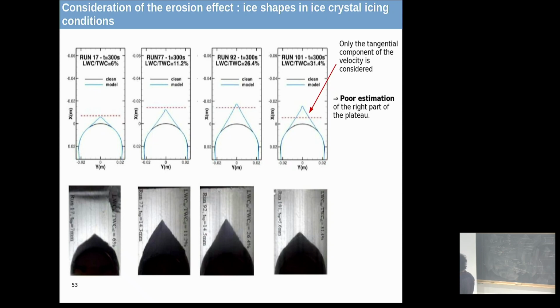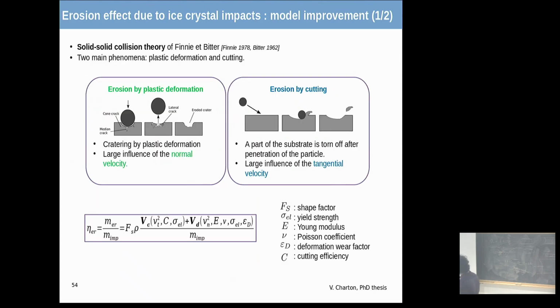That's why we proposed an evolution of this erosion model based on the Finnie and Bitter theory, where once again they keep the tangential part of the velocity and the erosion by cutting, where a part of the substrate is removed after penetration of the particle, and it's due to tangential velocity, but they add an erosion by plastic deformation, which is mainly influenced by the normal velocity.